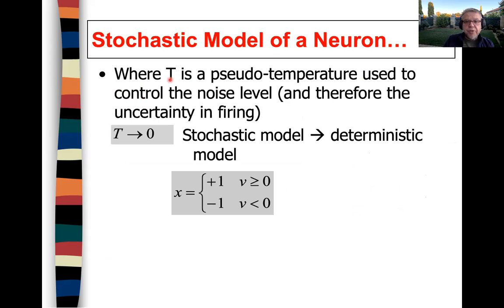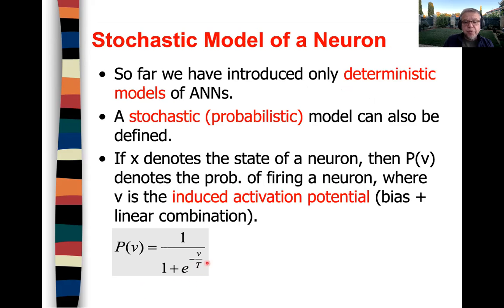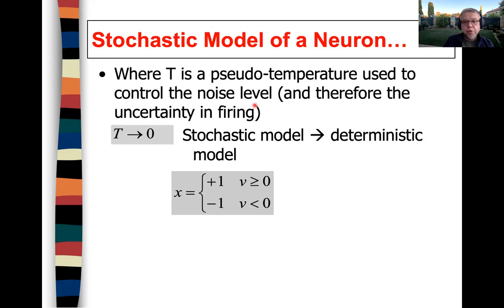The T is a pseudo temperature. This T here is a pseudo temperature used to control the noise level, and therefore the uncertainty in firing. So if T goes to 0, your stochastic model approaches a deterministic model.